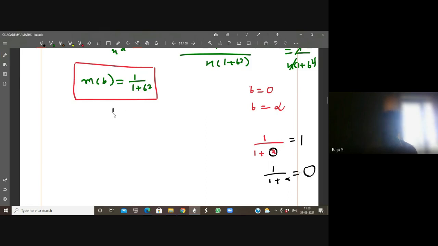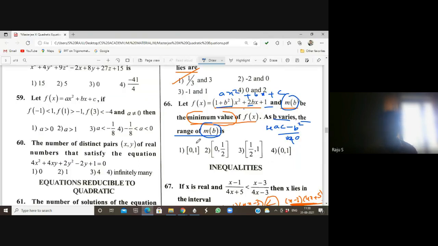So here also, when I take b equal to 0, then we are going to get the maximum value. For b equal to 0, the m of b value is clearly 1. When b tends to infinity, what does m of b tend to? When I substitute infinity here, 1 by 1 plus infinity, that is 1 by infinity, which is 0. So according to that, can anyone say the correct answer?